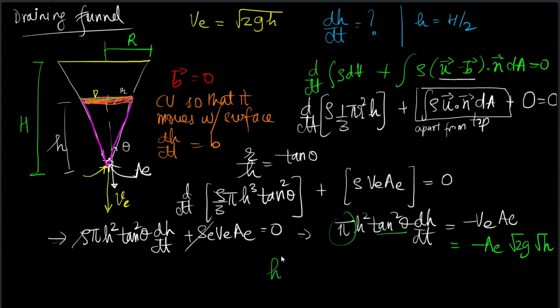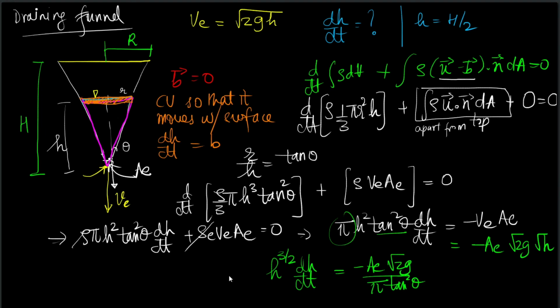So it becomes h raised to 2 minus half, 3 by 2, dh/dt is equal to minus Ae square root of 2g upon pi tan square theta.